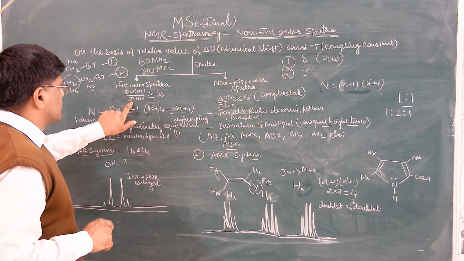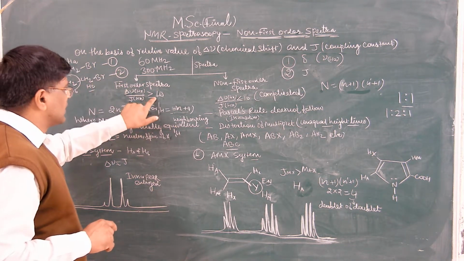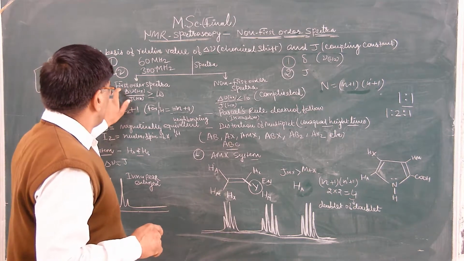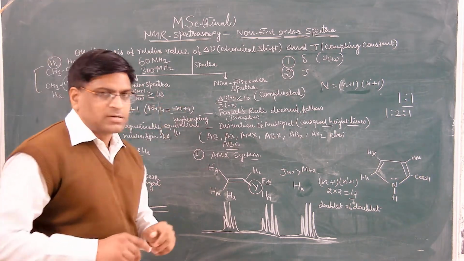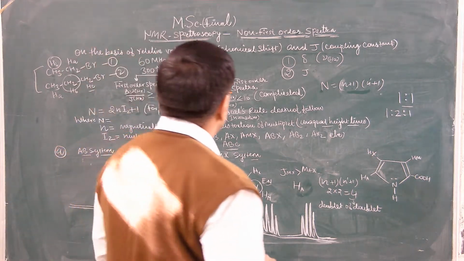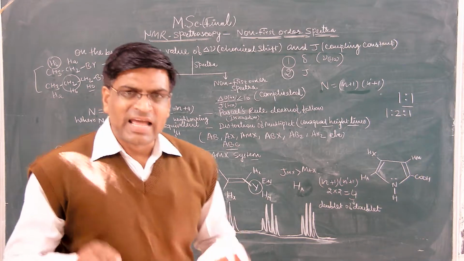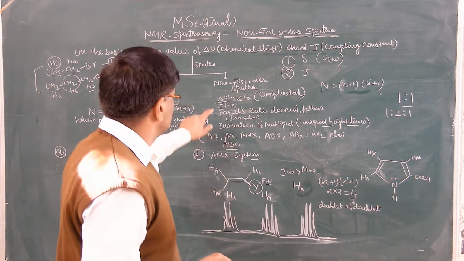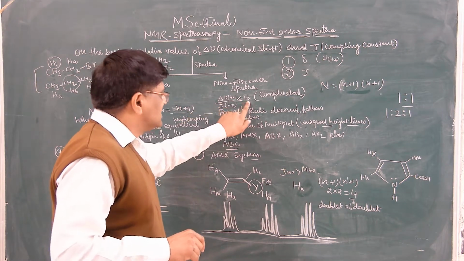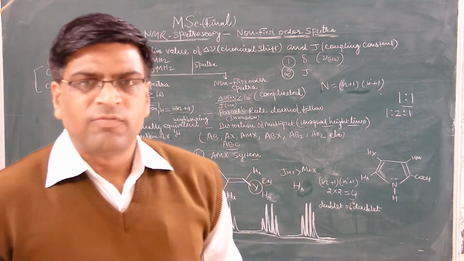In that case we get this ratio greater than or equal to 10, and the spectra obtained is called first order spectra. On the other hand, when the operating frequency of the instrument is less, the ratio of delta nu upon J will be less than 10.